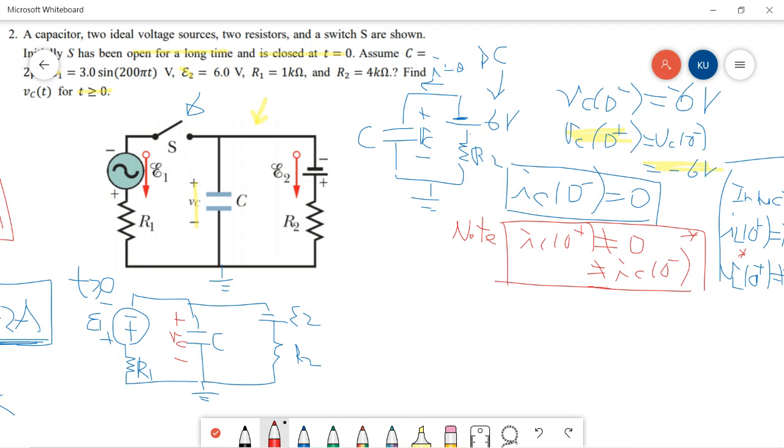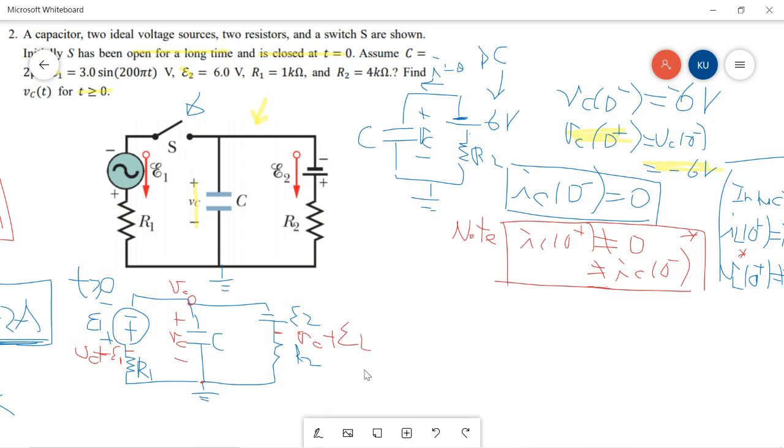At this point, this node is grounded. So this node voltage is VC, and for this node it should be VC plus E1, and for this node it should be VC plus E2.